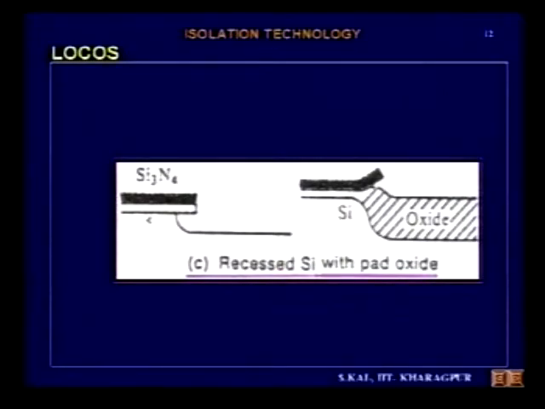From the same relation, 1 micron of silicon will give you 2.22 micron of silicon dioxide, or for the growth of 1 micron of silicon dioxide, 0.44 micron of silicon will be consumed. From that relation, we have to pre-calculate how much silicon is to be etched out, so that after growth of silicon dioxide, it will be at the same level as this region. So this is recessed silicon with pad oxide. You remove some of the silicon and then grow oxide, so that it will be at the same level as here.